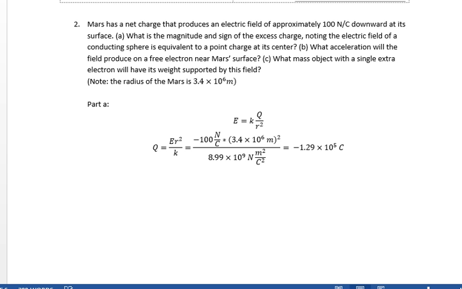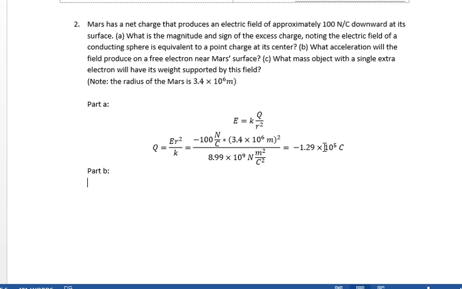Now, we've already answered the sign question, in that if we have a charge that's positive, the electric field is going to point away from it. So I made the electric field, which is pointing down, negative, and things worked out so that we now know that this charge is negative.